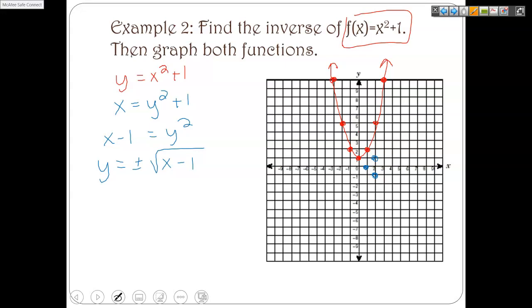You're just flipping all of the x and y's. So 2, 5 becomes 5, 2. Negative 2, 5 becomes 5, negative 2. You can always write your points down in a table if you need to, just so plotting them backwards is easier as well.